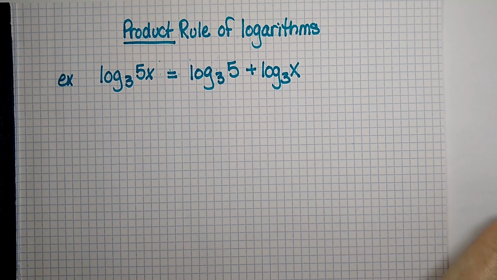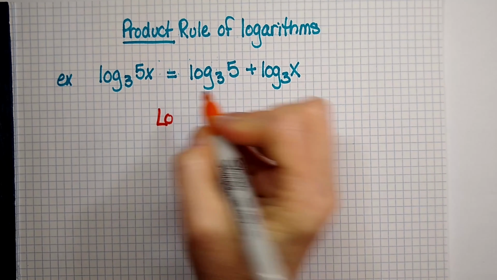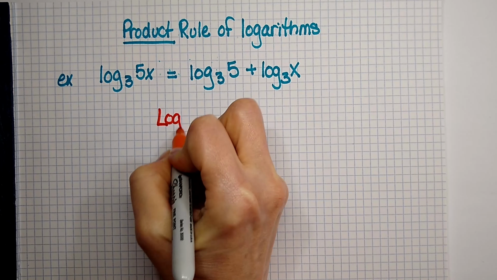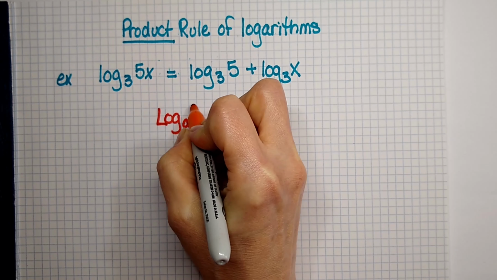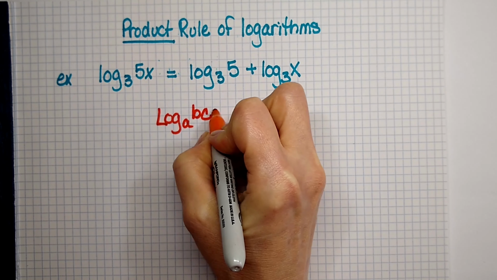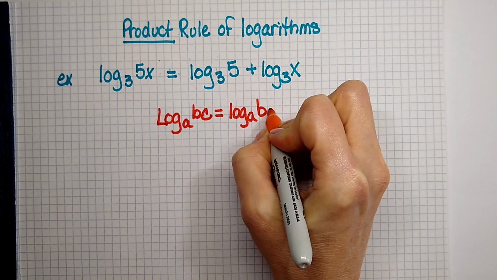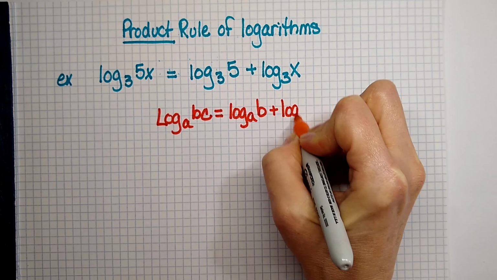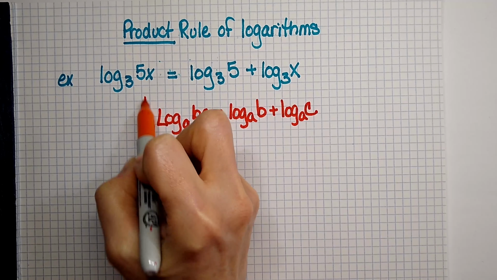So our rule could be written like this: log base A of B times C equals log base A of B plus log base A of C. Okay, so this is our rule.